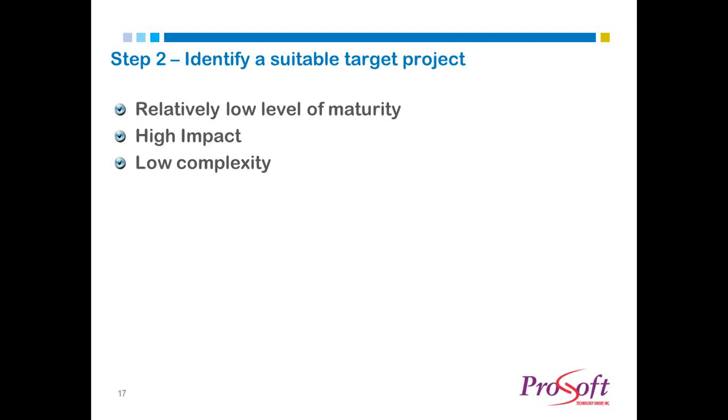But at the same time you do want to pick a process or a set of activities that have a low level of maturity, so there are significant opportunities to optimize. And so it should be low level of maturity, high impact, but at the same time it should have a smaller complexity for a first time project.